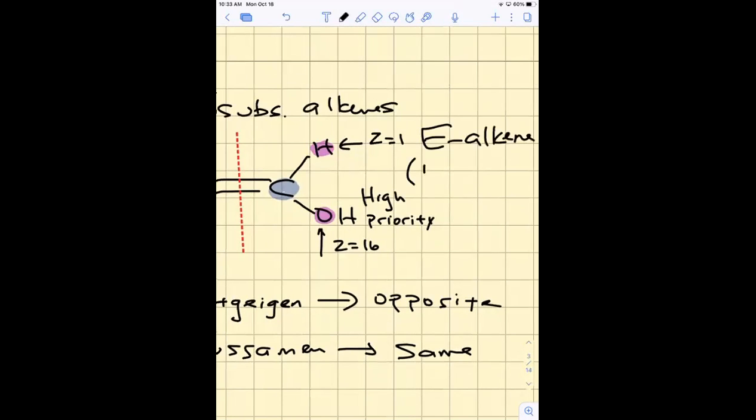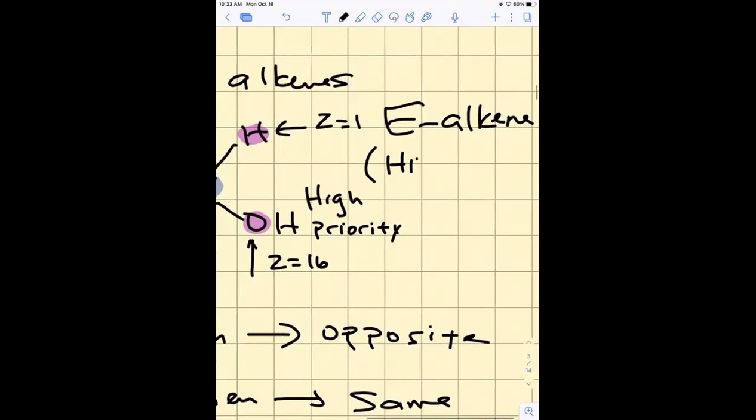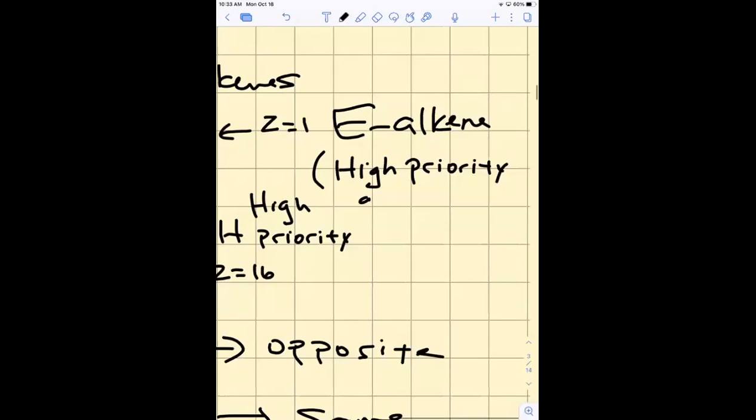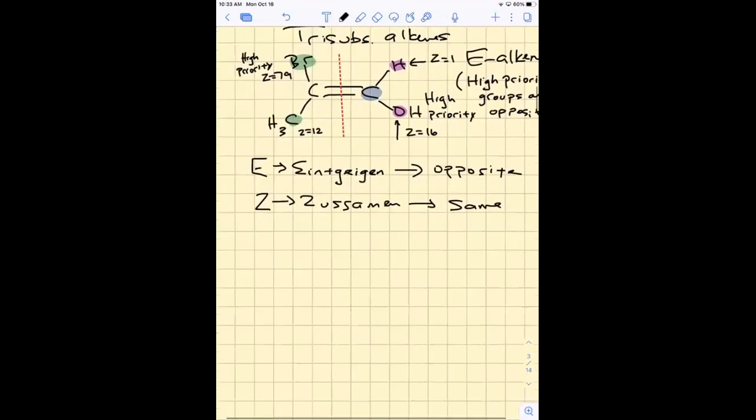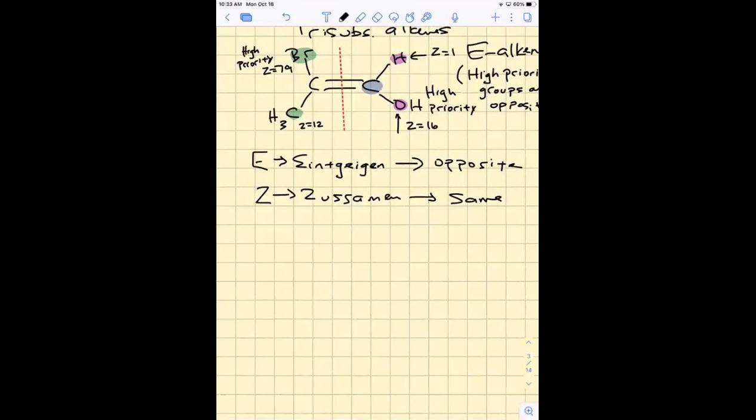What that means is that my high priority groups are opposite. I can take that same alkene and put the OH group here and leave the Br here.